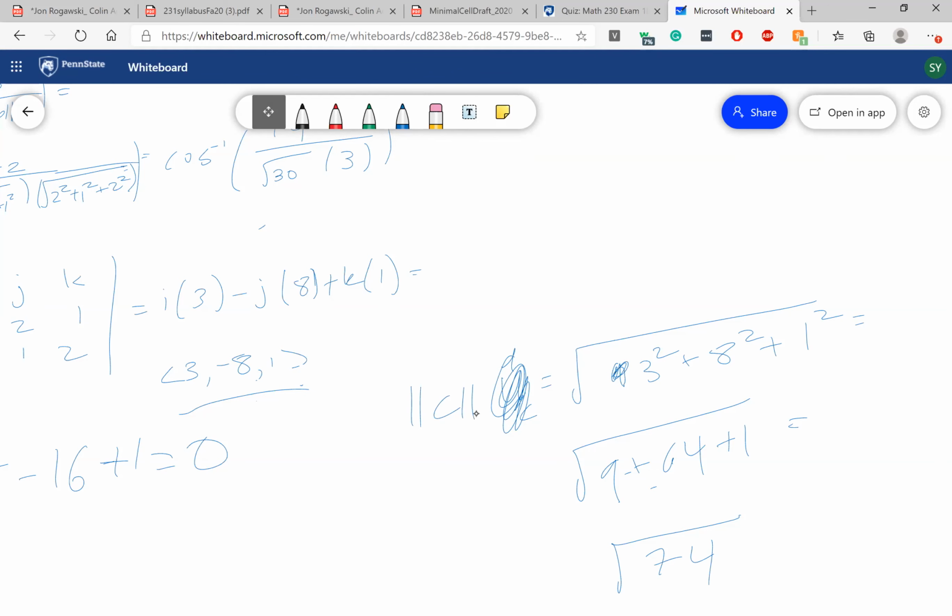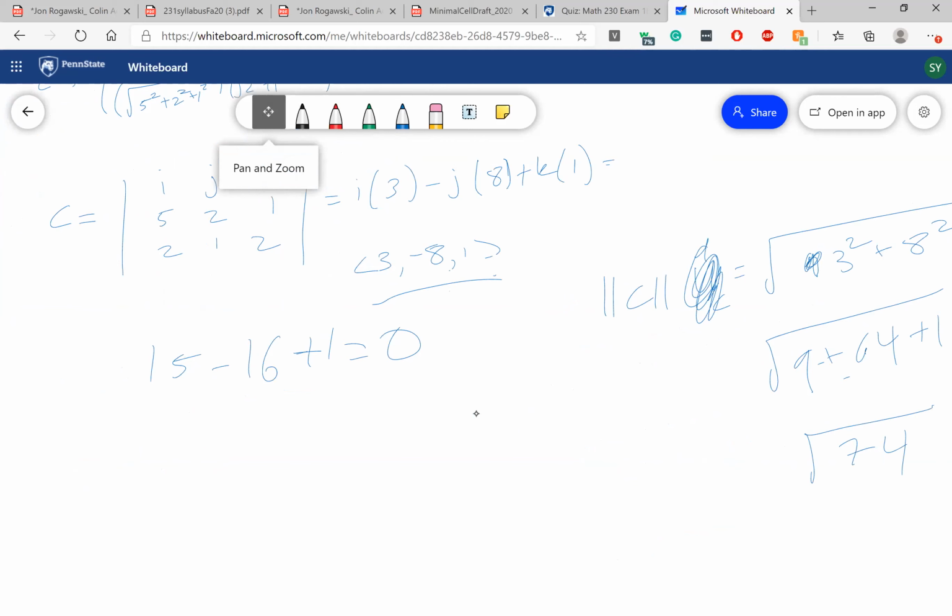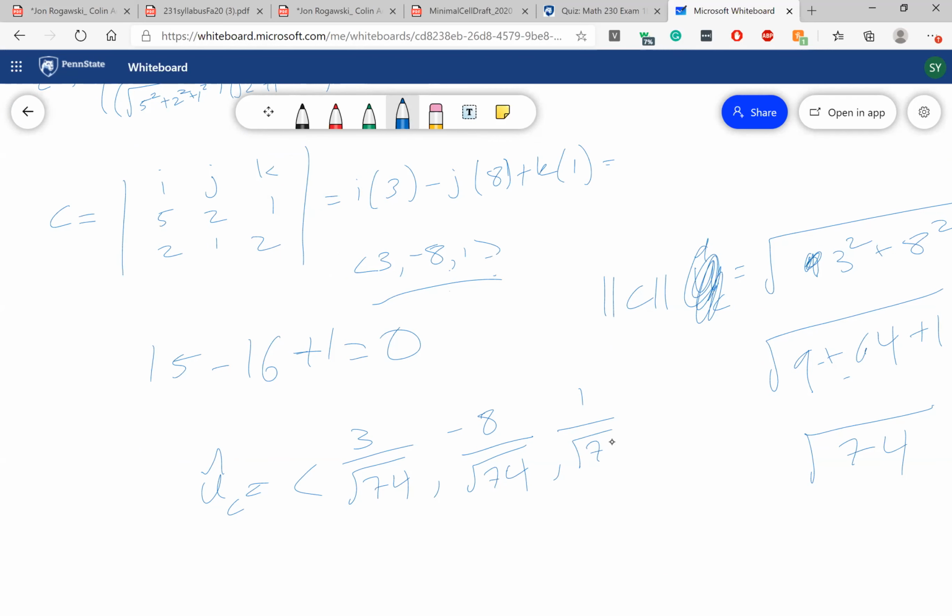Now for the unit vector, that's going to be equal to 3 over the square root of 74, negative 8 over the square root of 74, and 1 over the square root of 74.